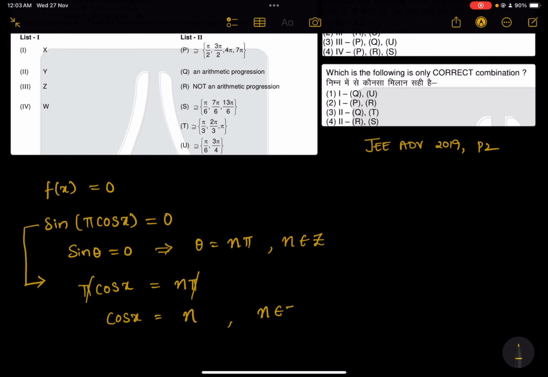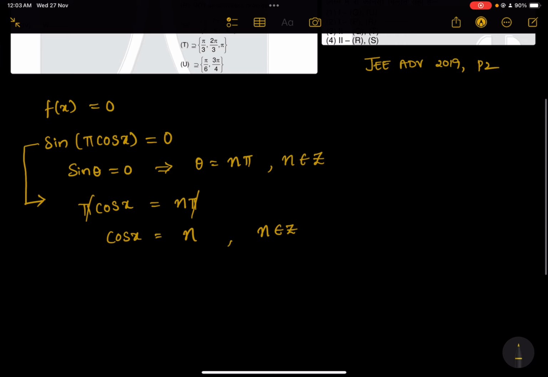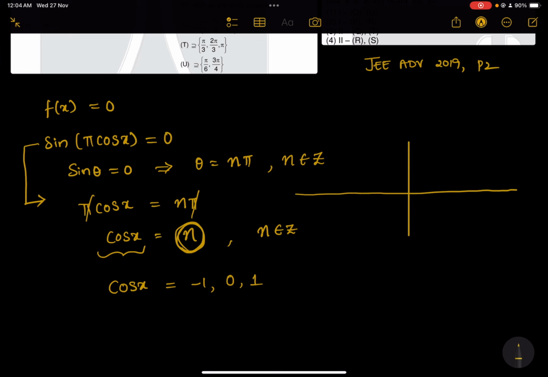We already know that n belongs to Z, but what are the possible values of n for it to be equal to cos x? The only integral values cos x takes are -1, 0 and 1. So all those values at which cos x becomes -1, +1 and 0 are the solutions to this equation.